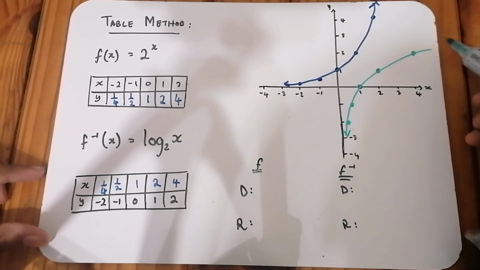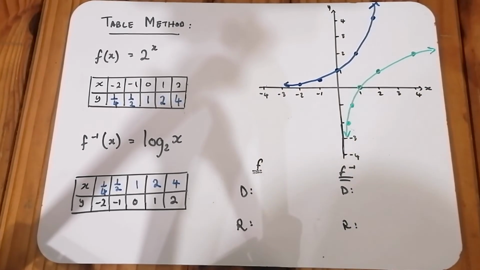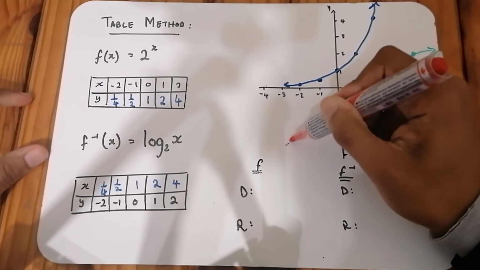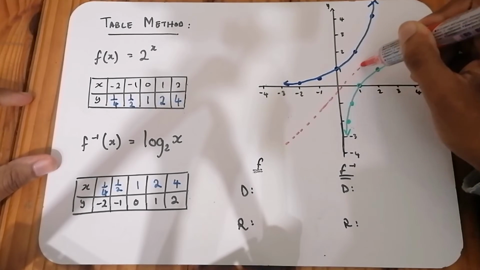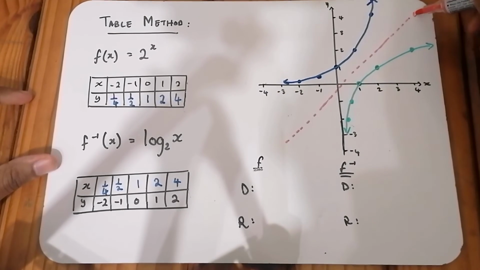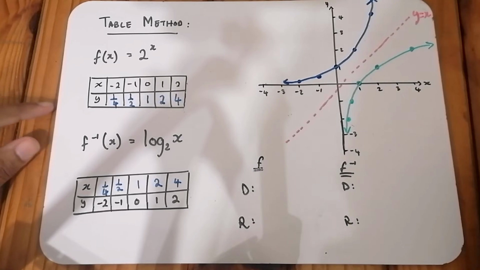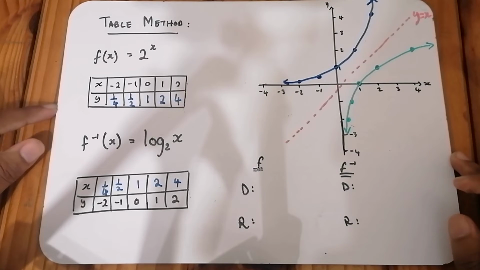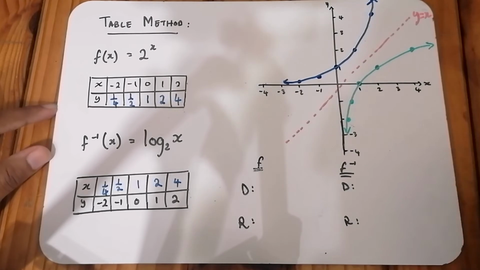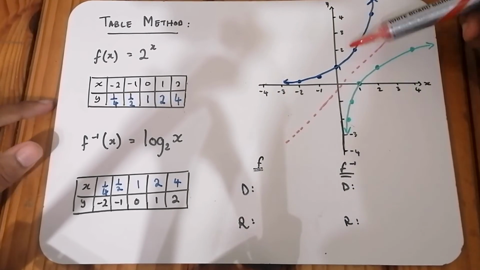And there you go. We're also going to draw the line that represents the reflection, and that will be this line over here. Remember the equation to that line is y equal to x. And you can see this line acts as a mirror for the two graphs.